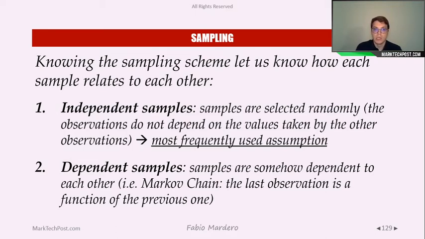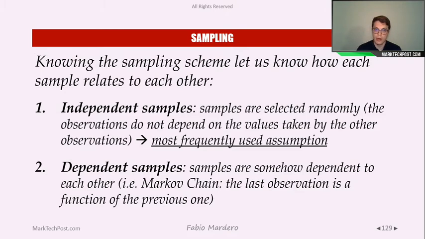Since the theory for independent samples is very, very simple compared to the dependent sample theory, we will use the independent one. But we say that dependent samples are somehow dependent on each other.